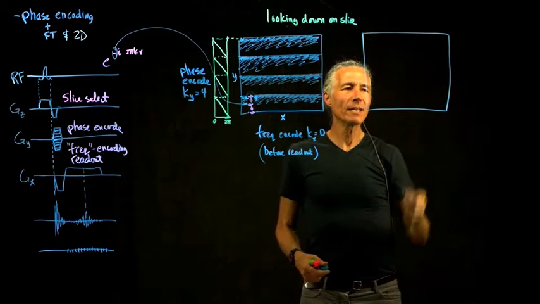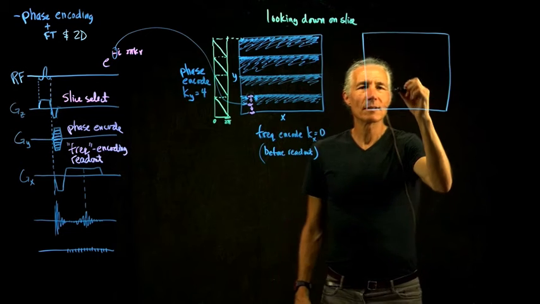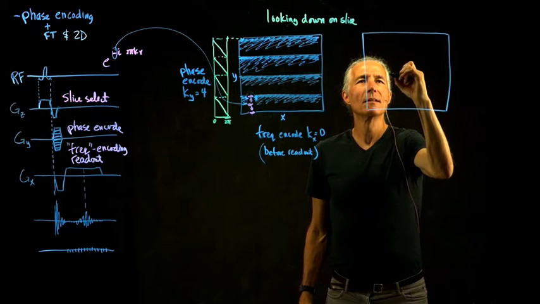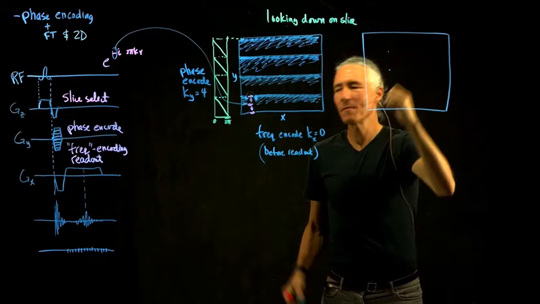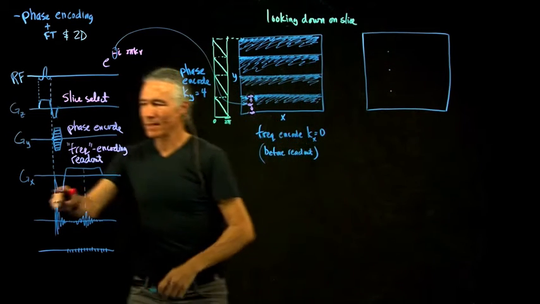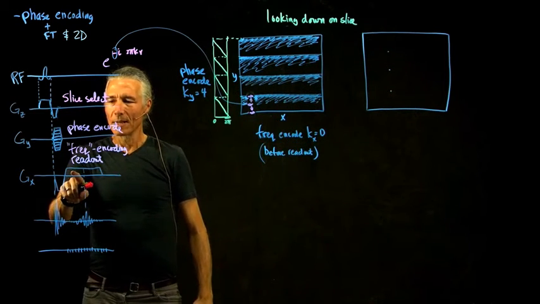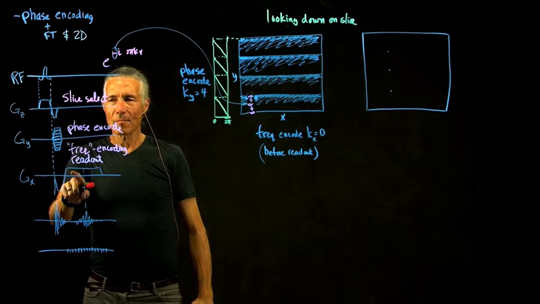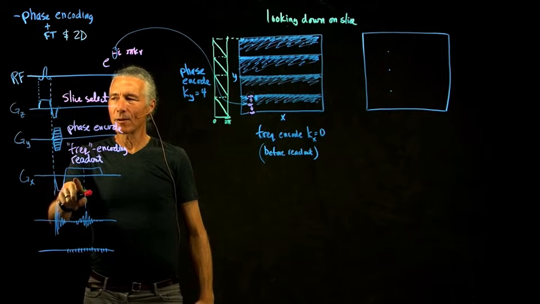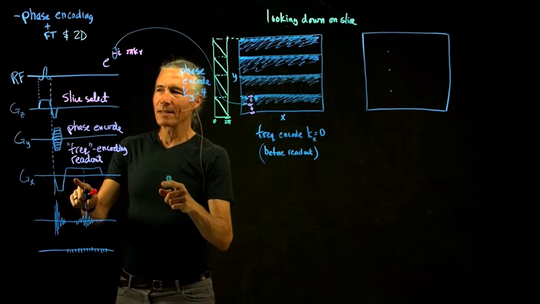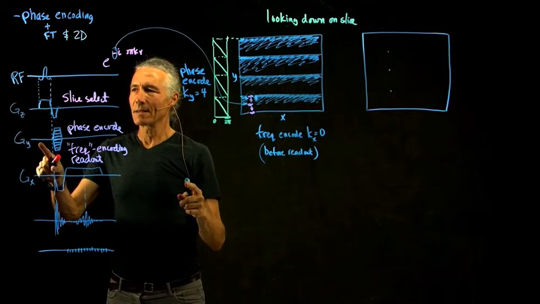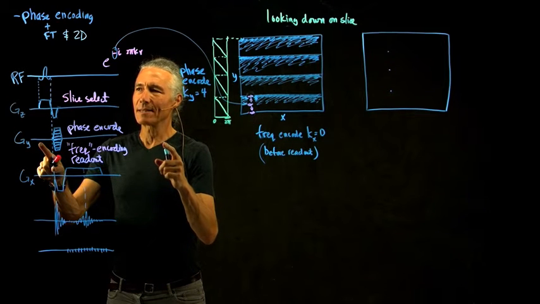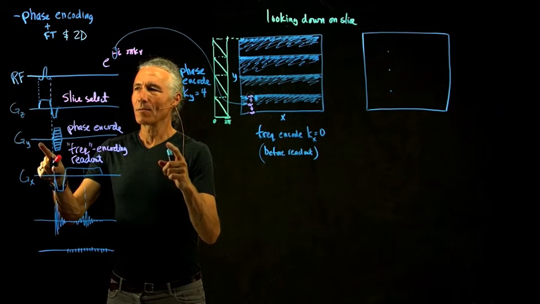And so when we do the readout, we basically turn on the x gradient during the readout. But if you remember, the x gradient changes Bz in the x direction. The y gradient changes Bz, same thing, in the y direction.